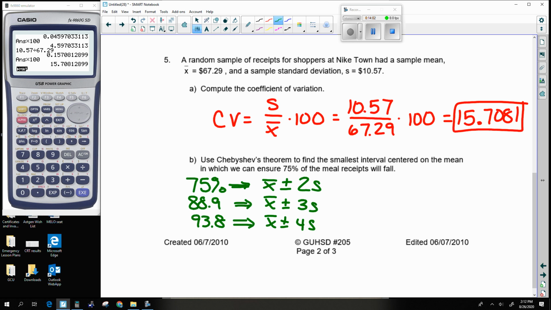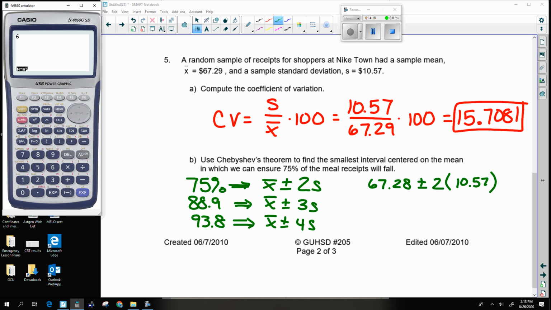Absolutely. Anywho, this one is dealing with the 75%, so this is going to be the x bar plus and minus 2 standard deviations. So I start off with the minus 2 standard deviations, so minus 2 times 10.57.